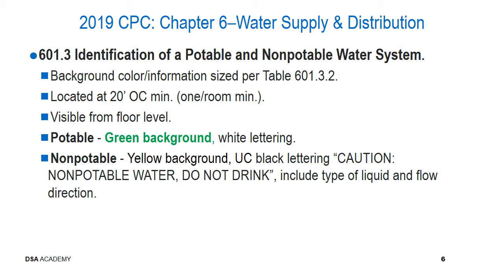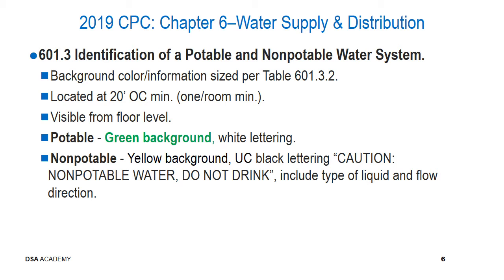And an important distinction to make between potable and non-potable water is potable water is going to have a green background on the label and include white lettering. Non-potable water will have generally a yellow background with uppercase black lettering that states caution, non-potable water, do not drink.